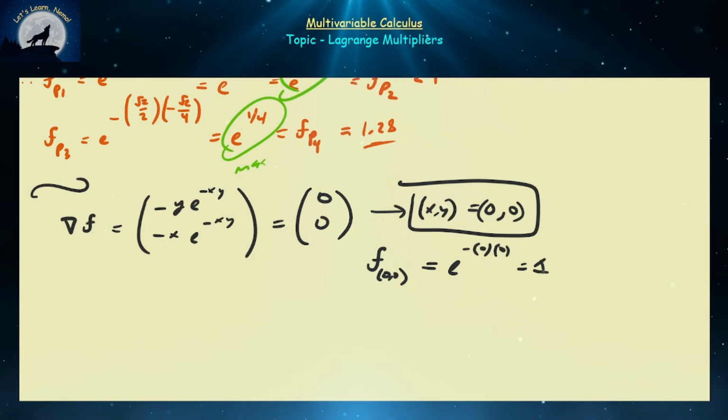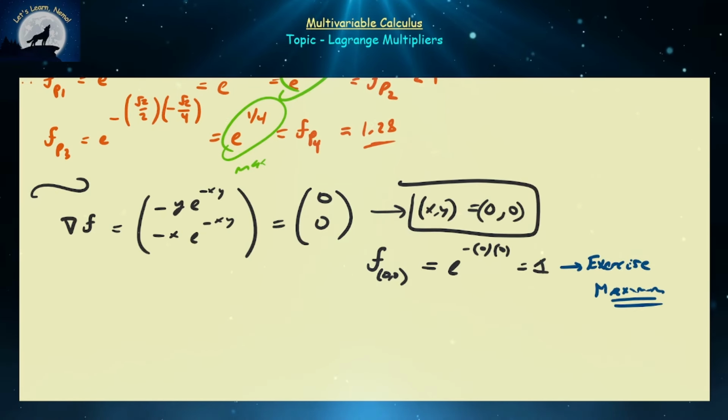And you then would have to find the Hessian of this function, and then find the determinant, and then see whether it's positive, negative, or 0 at this point. But I want to leave it as an exercise for you because I think it's not too bad. But I leave it to you to verify that this is a maximum. Right?